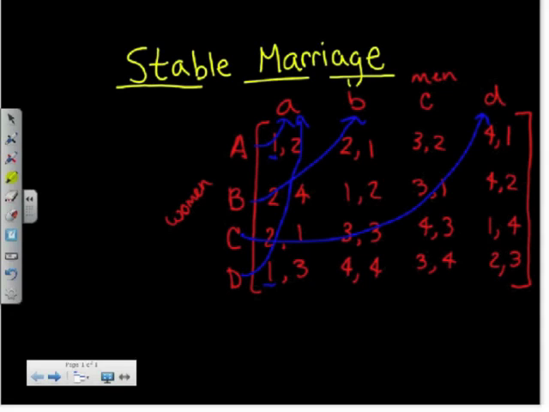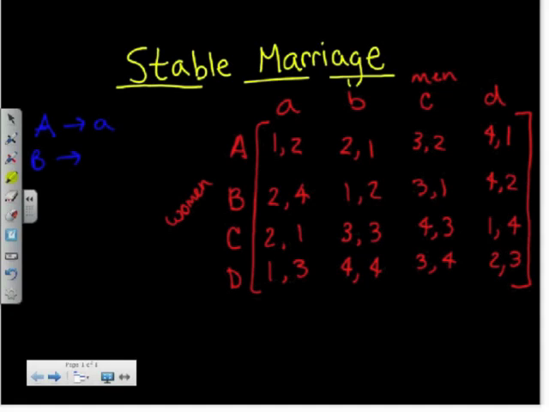So the next step is that we repeat this with all the women that have been rejected. If we note what happened, the tentative engagements that we have are uppercase A to lowercase a, uppercase B to lowercase b, and C to lowercase d.